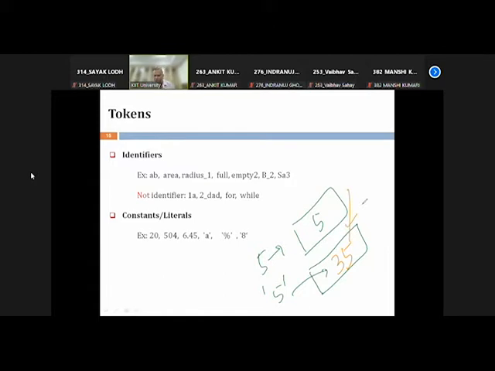What will you read? 35. Now read it as a character. What will you read? 5. So you will read the character whose ASCII value is 35. Understood it or not?